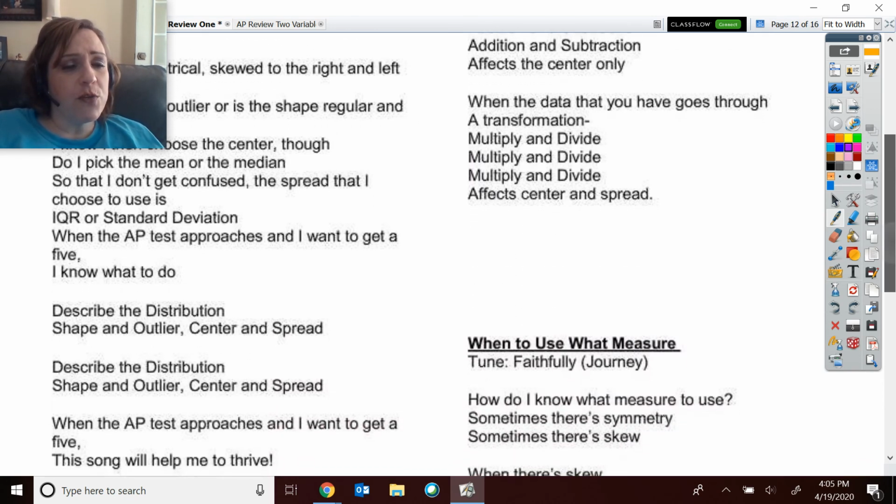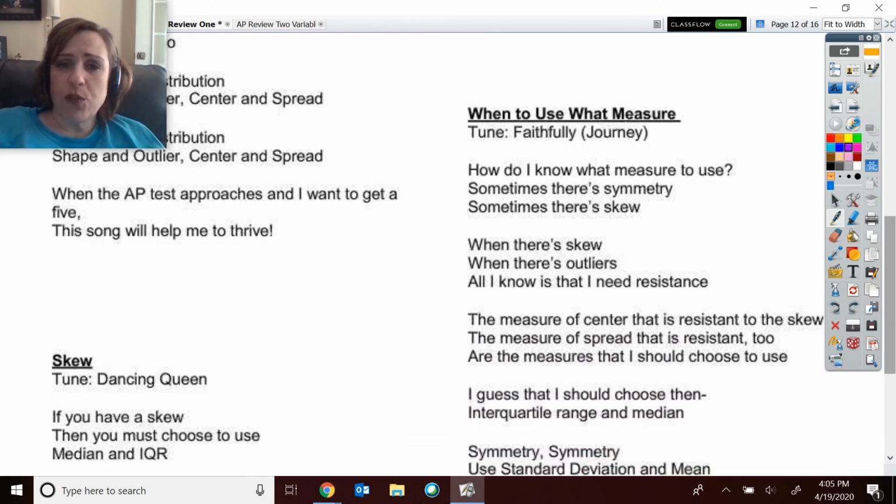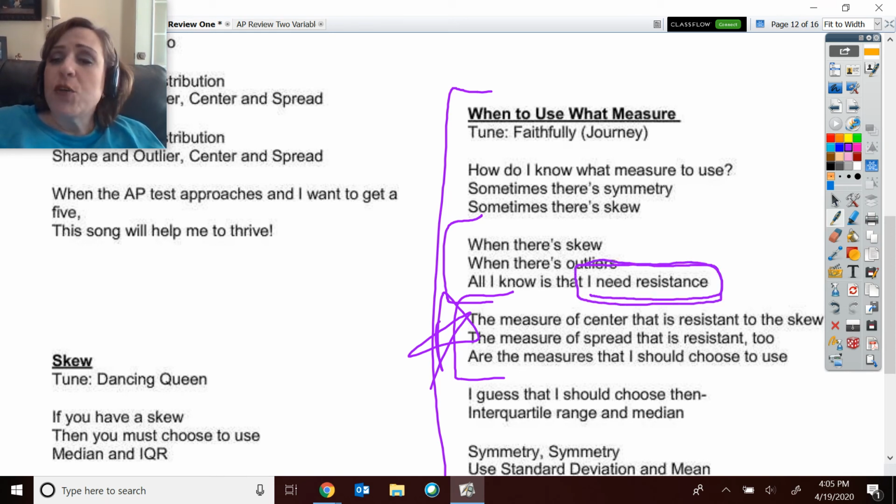Now, I like this one here, when to use what measure. I liked this one because of this little section right here. All I know is that I need resistance: the measure of center that is resistant to the skew, and the measure of spread that is resistant to it. So those are the measures that I should choose to use.